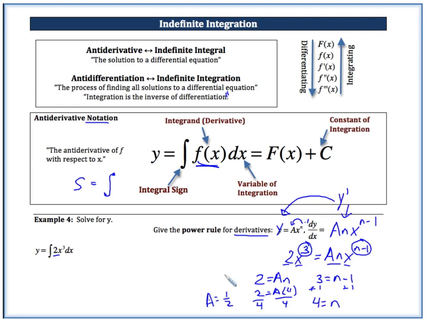So now we just have to reapply this to ax to the n. Okay, and in this case we have a was 1/2, x was just x, and then n is 4. So the antiderivative, or indefinite integral, of 2x cubed dx is 1/2 x to the 4th power.